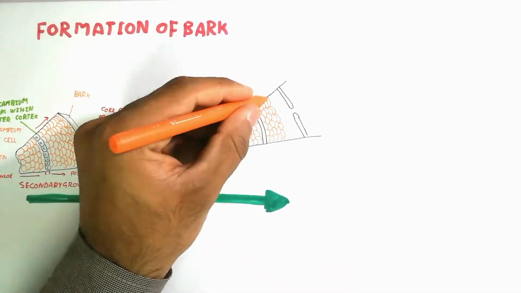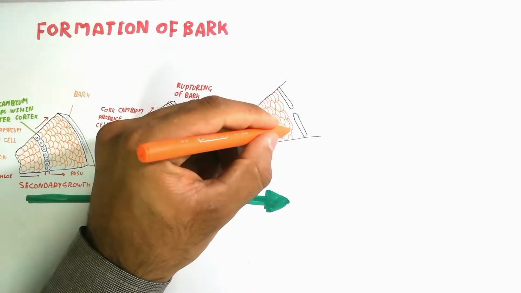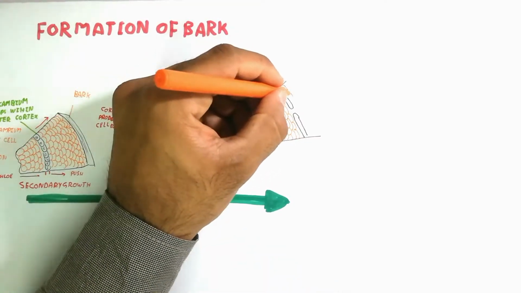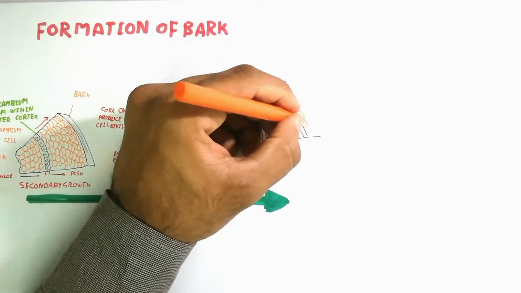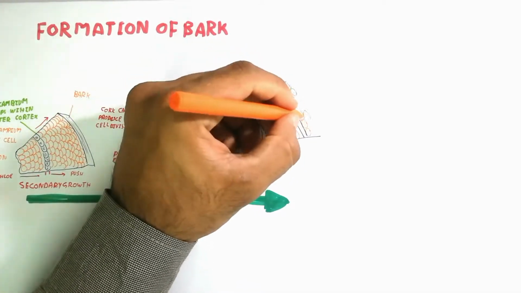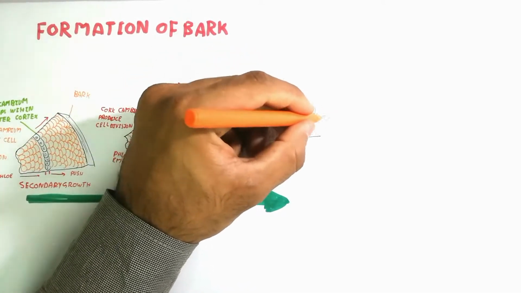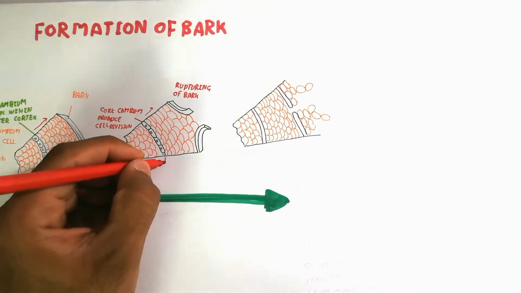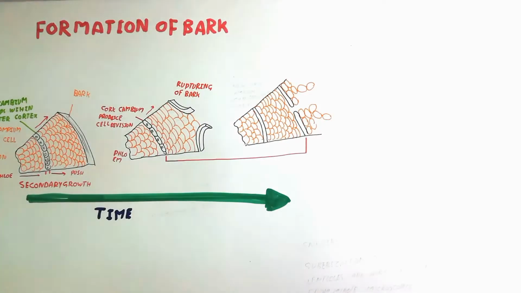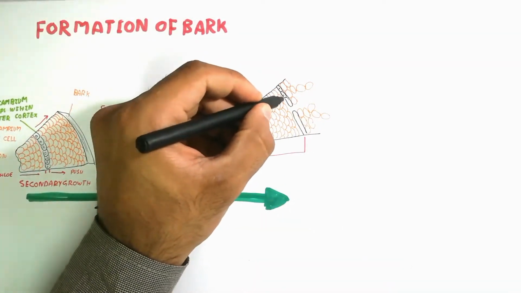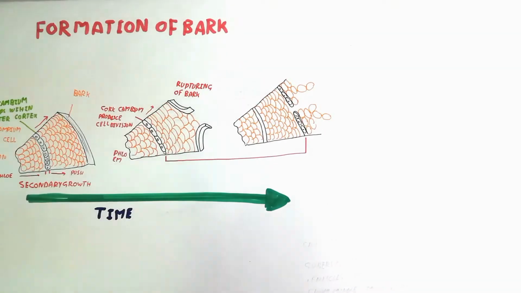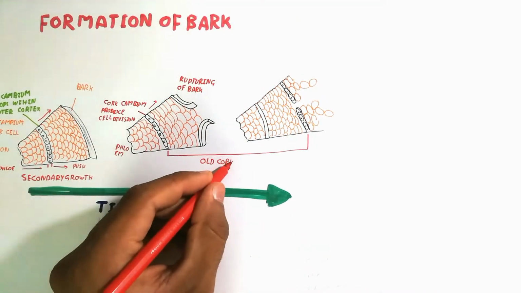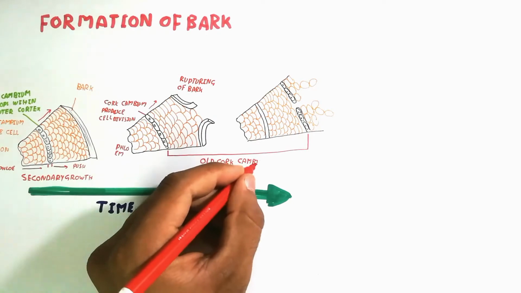A new cambium will be produced, and the production of these rings annually or seasonally is known as the annual ring. We can judge the age of the plant from these rings. So you have made a concept about the formation of bark, and that is the result of secondary growth.